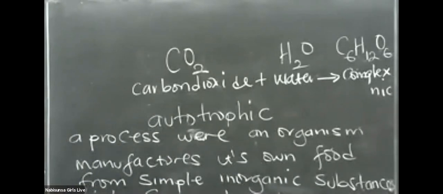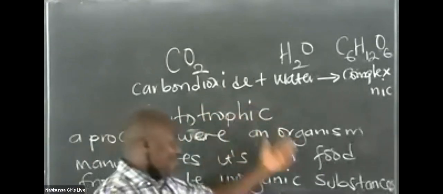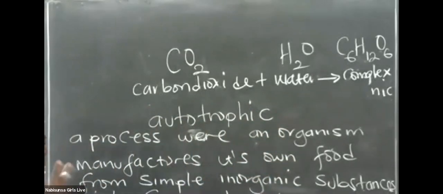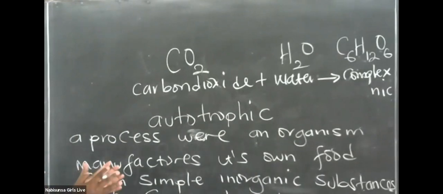Now, this energy can be obtained in two ways. The energy used in manufacturing their own food can be acquired in two ways. Which are those two ways in which energy can be acquired in the process of manufacturing?